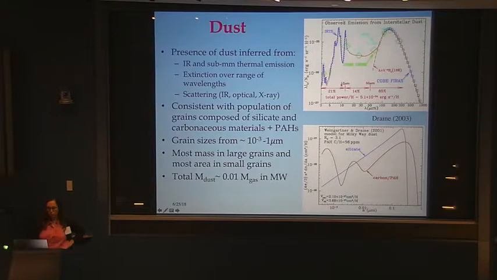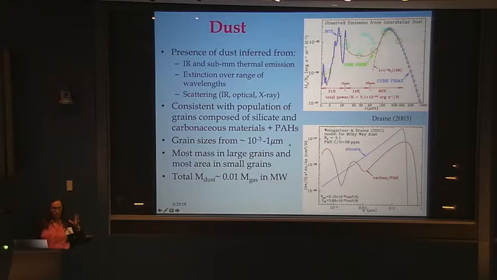So what we know, the emission can be interpreted, and absorption as well, I'll get to that in a minute, as being consistent with the population of grains which are a combination of silicates and carbonaceous grains. And this shows the Weingartner and Draine model of Milky Way dust. This is the relative number as a function of grain size.